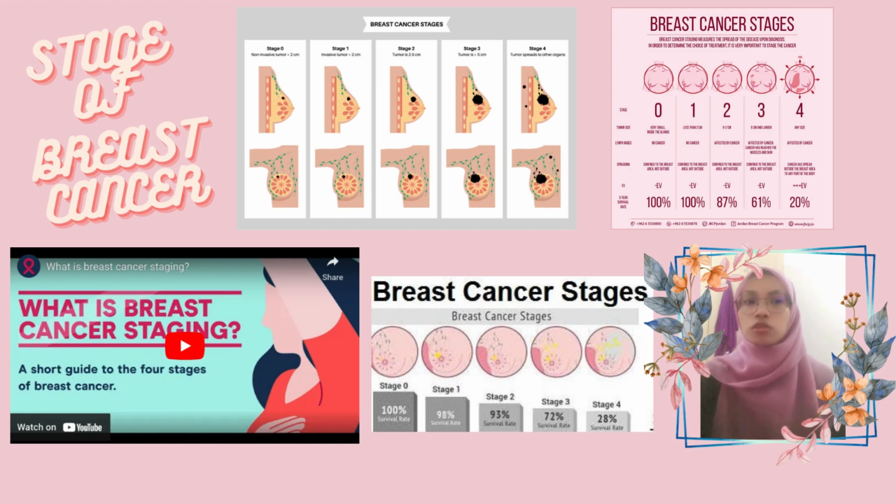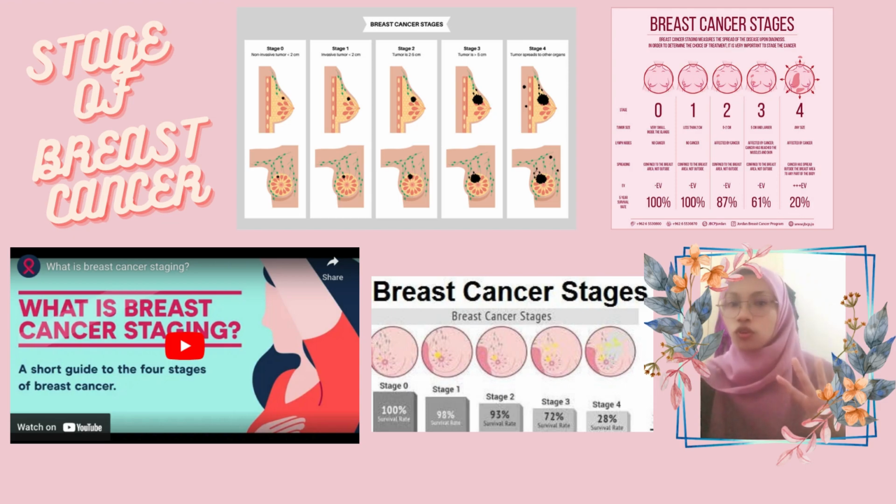The goal of the treatment for locally advanced breast cancer is to shrink the tumors, eradicate any remaining cancer cells, and prevent further spread or recurrence of the disease.